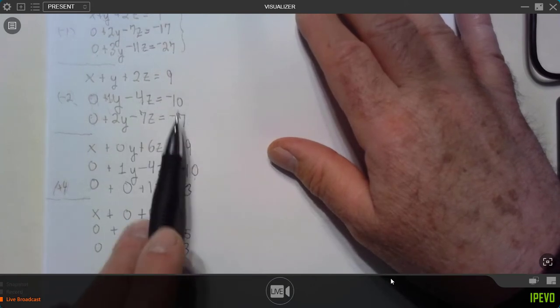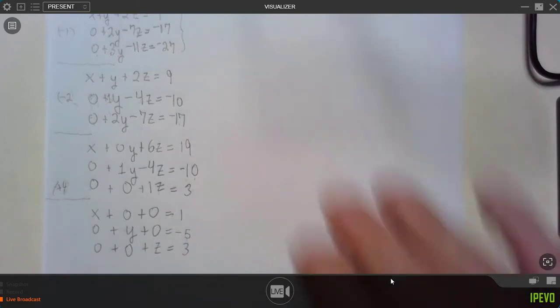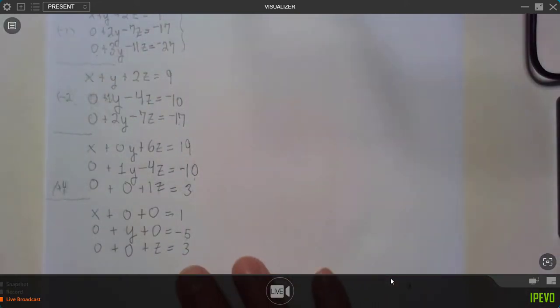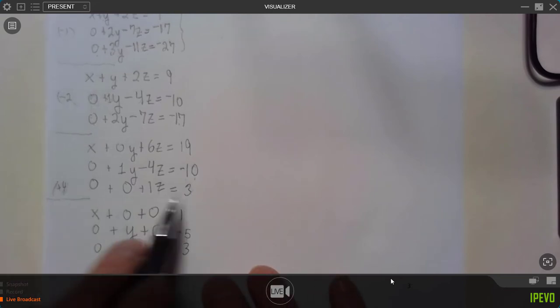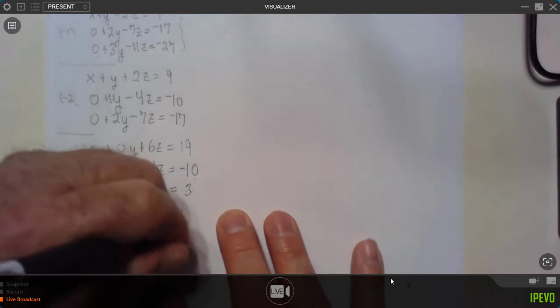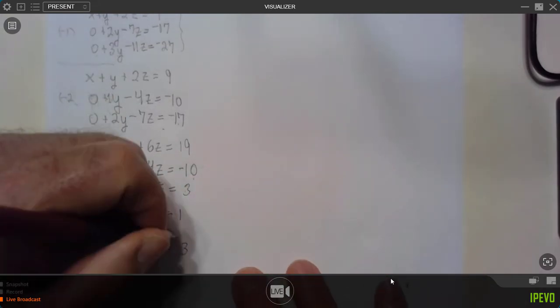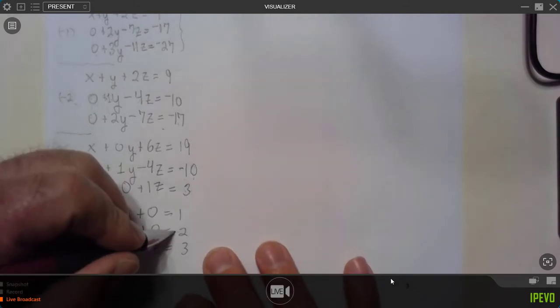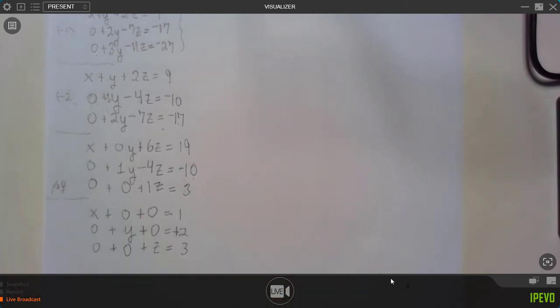And I got offline and grabbed the 17 instead of the 10. Okay, and now we should get the right value here. We have 3 times 4 is 12, minus 10 is 2, which is what I was expecting, and you can see why I could remember the solution. The solution is x is 1, y is 2. That almost looks like a negative 2. Let me make it clear that's a plus, and z is 3.